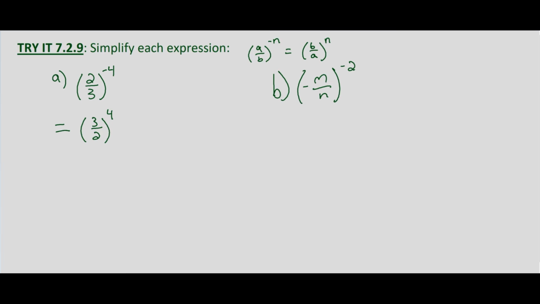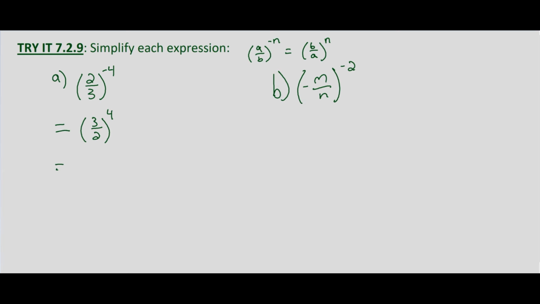Now we could simplify that further technically in the sense that we have 3 to the 4th in the numerator, and we have 2 to the 4th in the denominator, if we go ahead and apply that exponent.